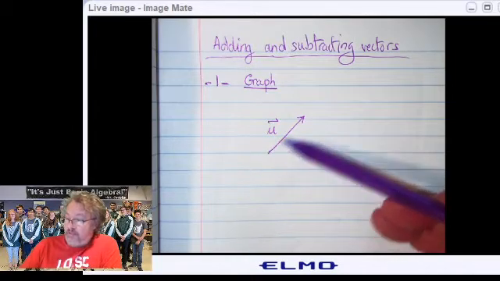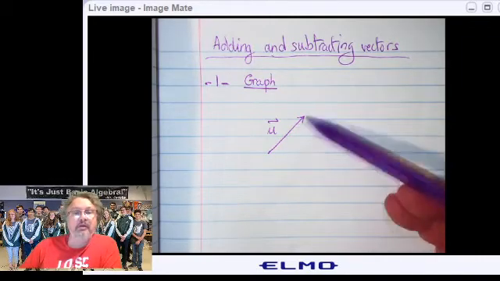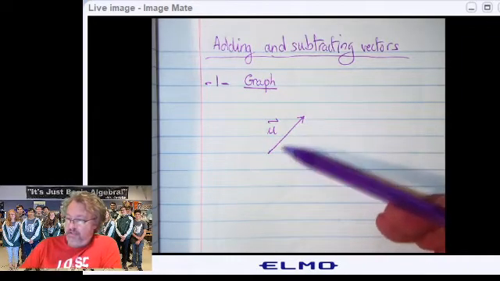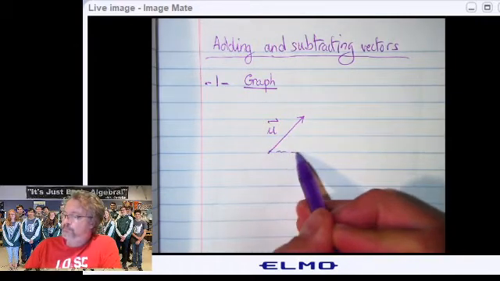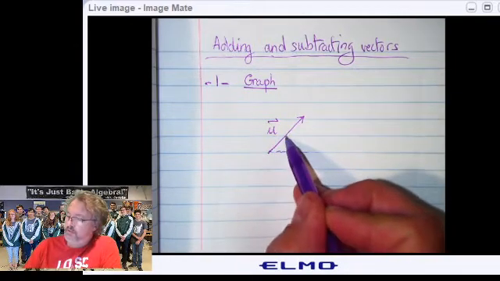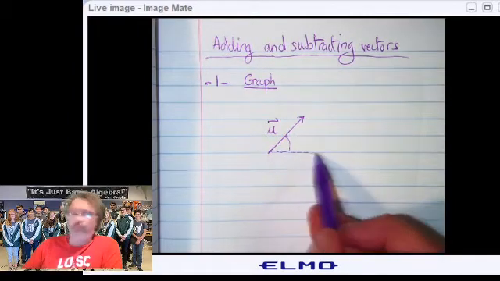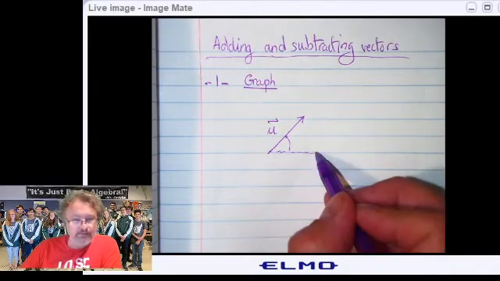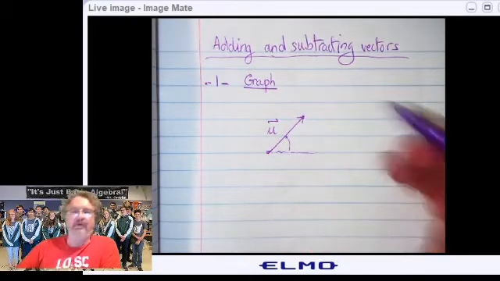But the magnitude or length of the vector is associated to a number usually. And the direction of the vector is traditionally measured like you would in trigonometry from the x-axis. So we have a starting point right here and an end point right here.